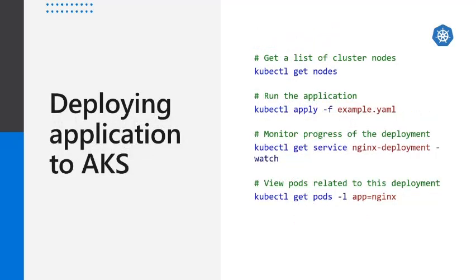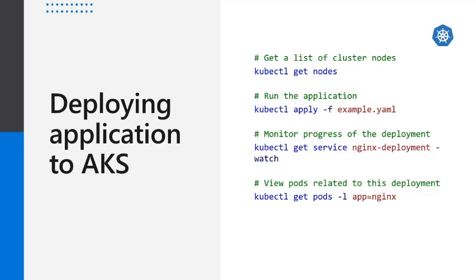Then when deploying the application to AKS, to verify the connection to your cluster, you use the kubectl get command with the nodes noun to return a list of cluster nodes. It can take a few minutes, as before, to appear.